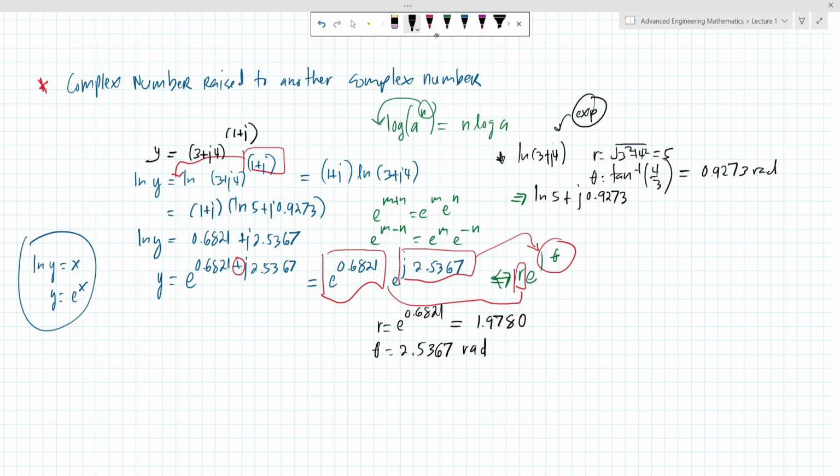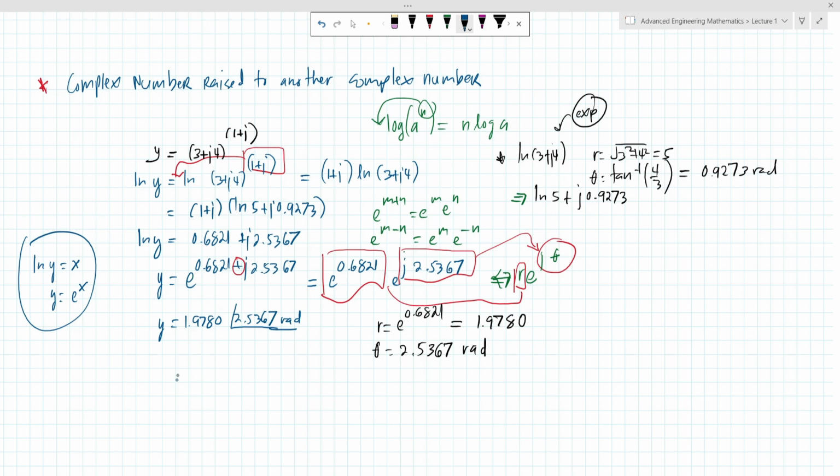So our r is 1.9780, and our angle is 2.5367 radian.